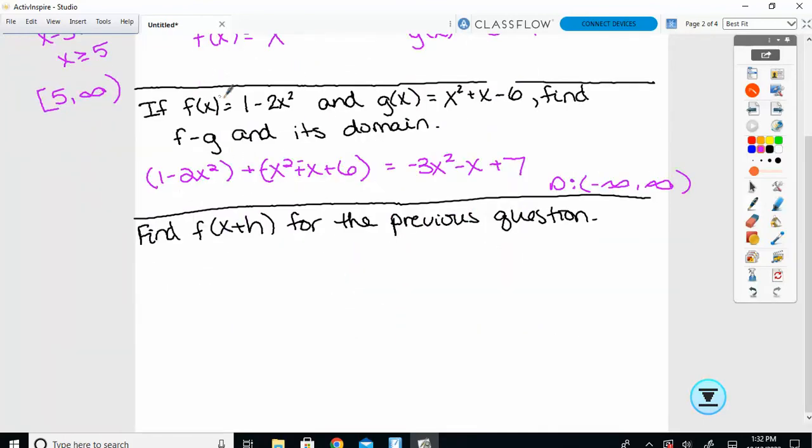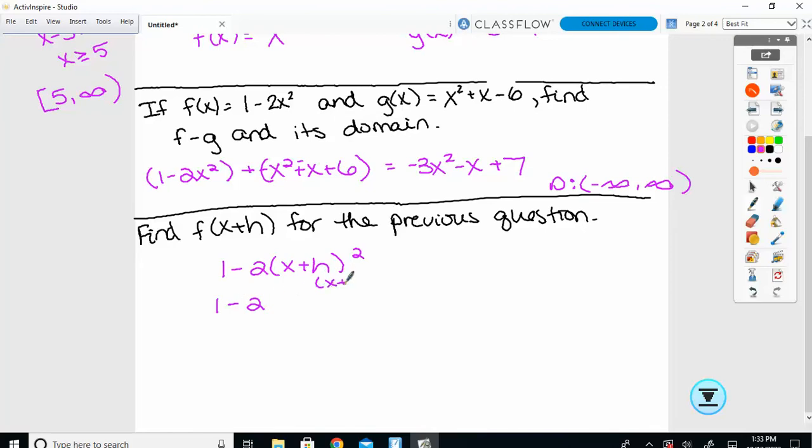Still with evaluating functions, what if for this function I asked you to find f of x plus h? So if I said like f of 3, what would you do? Put a 3 in for x. So when I say f of x plus h, you're putting in x plus h for the x. How do we square that?